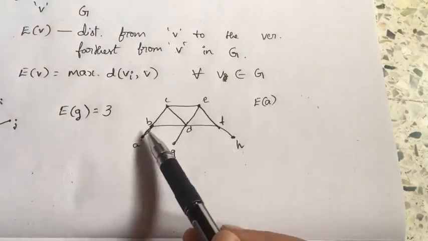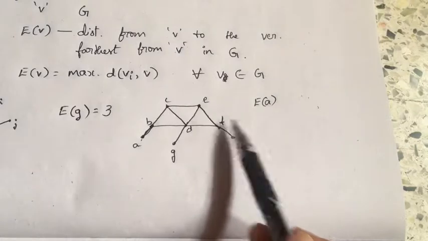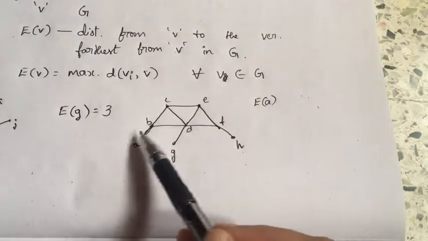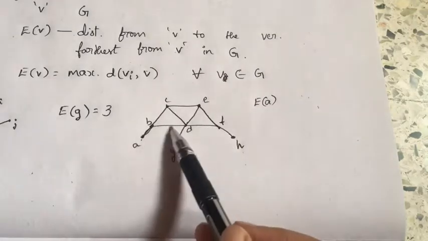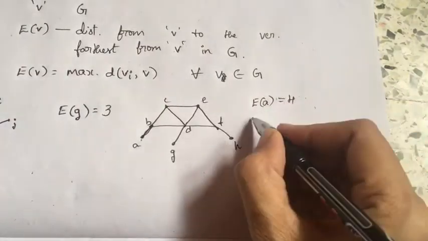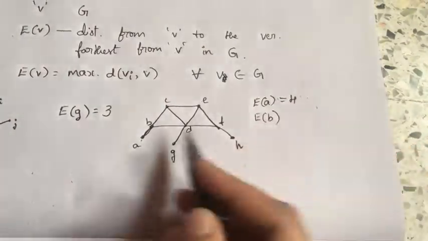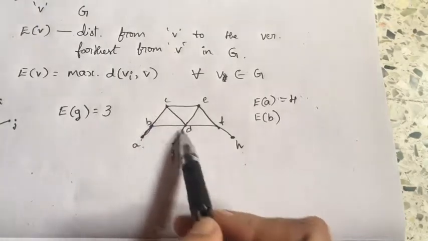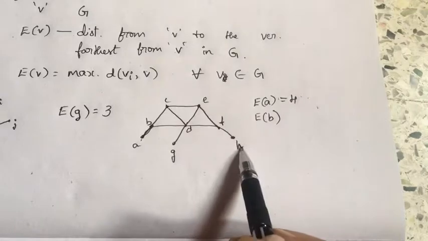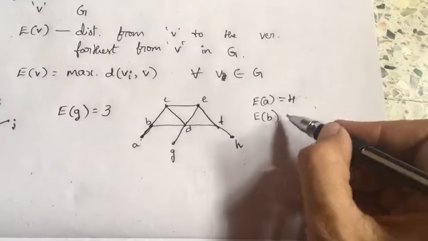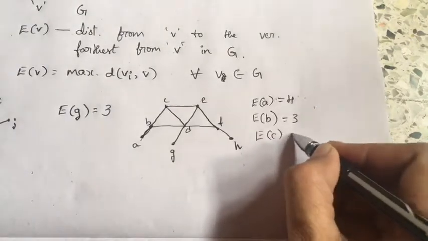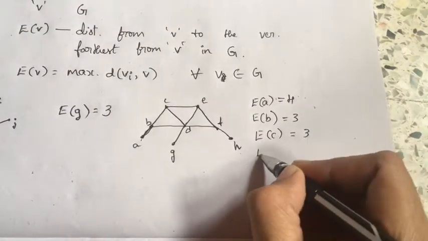And this vertex, if I consider, is at distance 3. If I consider H, then this is at distance 4. So eccentricity of A is 4. Similarly, eccentricity of B is 3, and eccentricity of C is also 3.